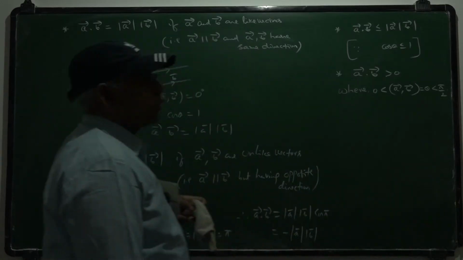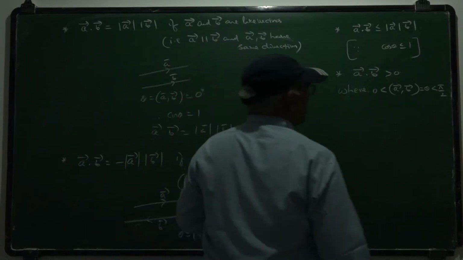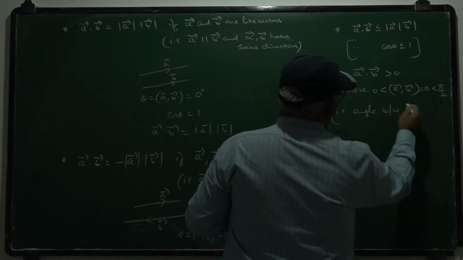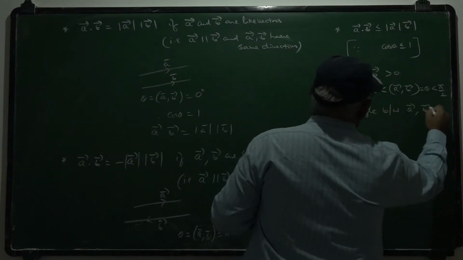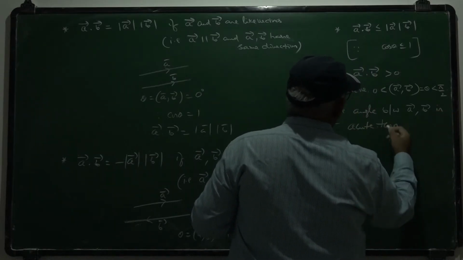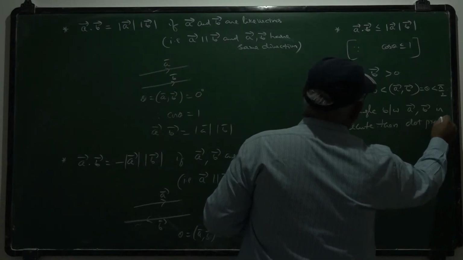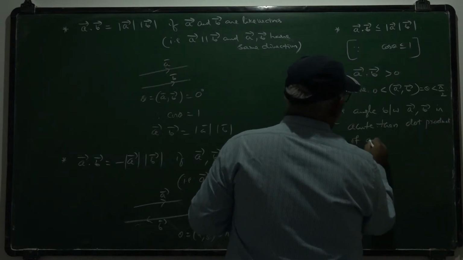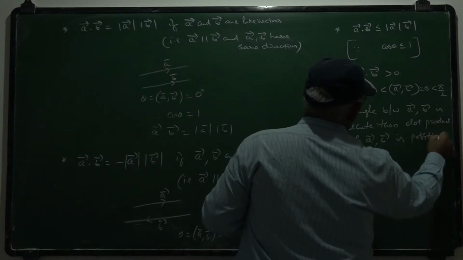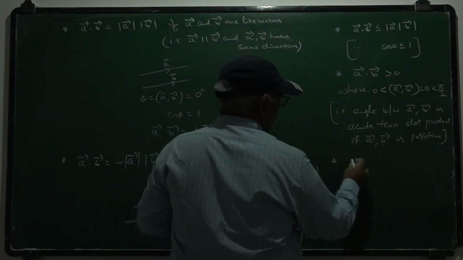This is the notation for the angle between the vectors. If the angle between the two vectors is acute, then the dot product is positive. That is, if the angle between A bar and B bar is acute, then the dot product of A bar, B bar is positive. The dot product gives us a positive scalar.